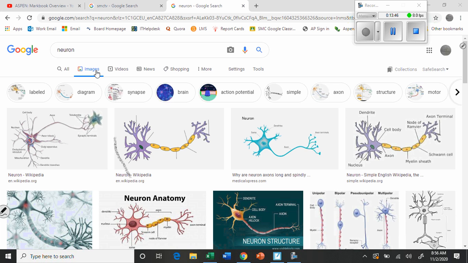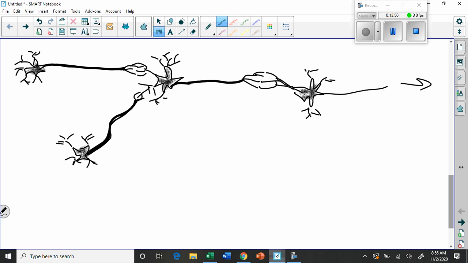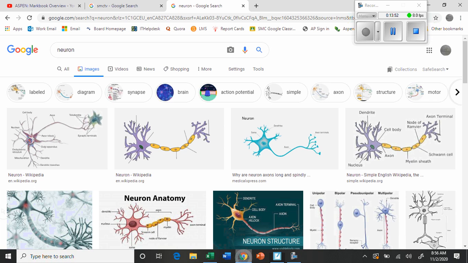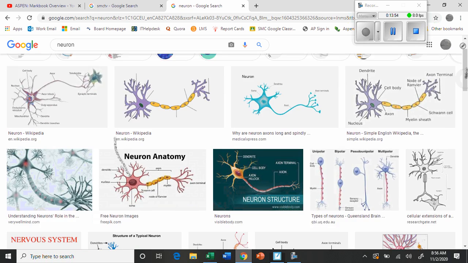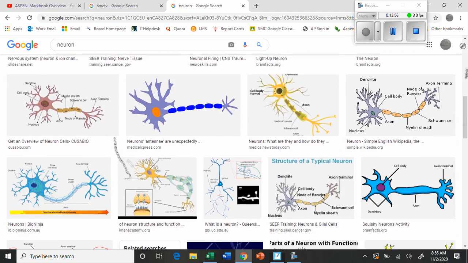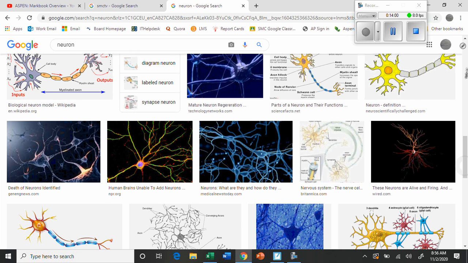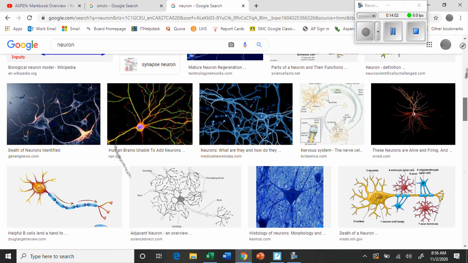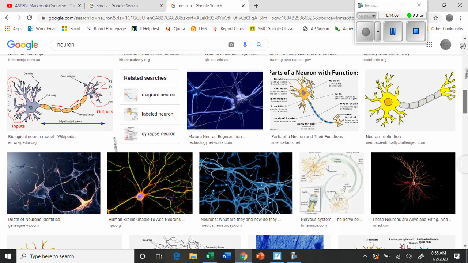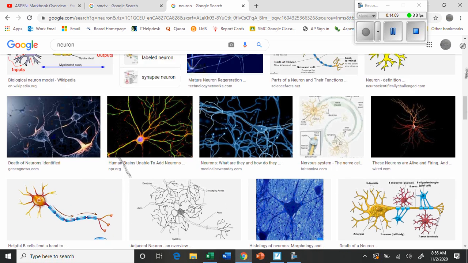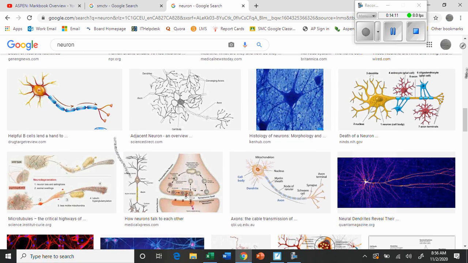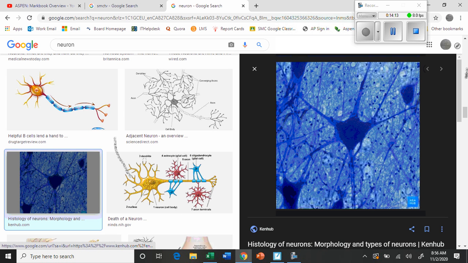I'm looking for an actual picture of a neuron. I'm not sure if those are actual pictures or just computer generated. This looks like an actual neuron, an actual nerve cell that's been stained.